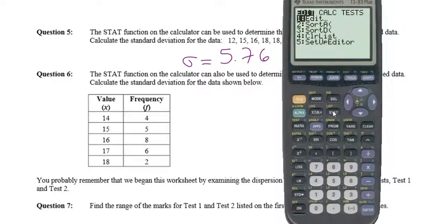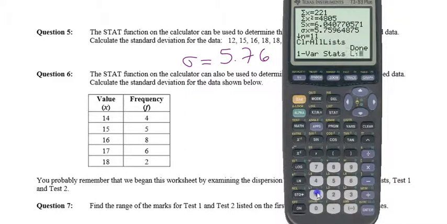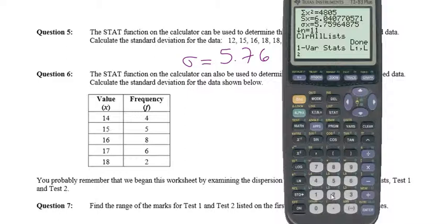You go to stat, calc, 1-Var Stats. On this calculator, you go L1, comma, L2. So what you're telling it is my values are in L1 and the frequencies are in L2. With the new firmware, it actually prompts you for that.